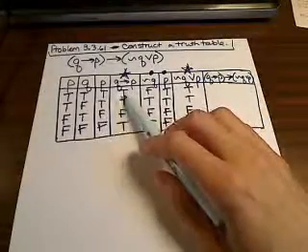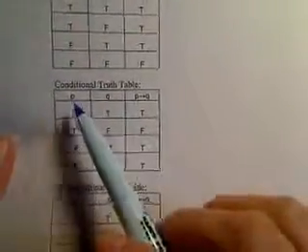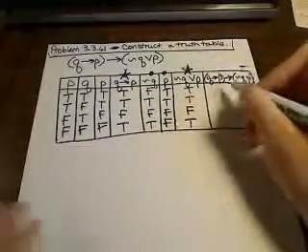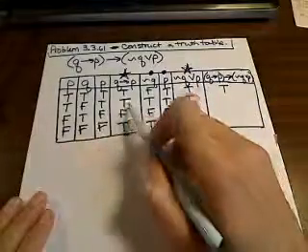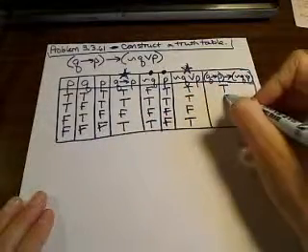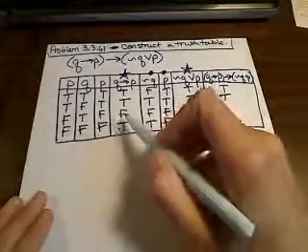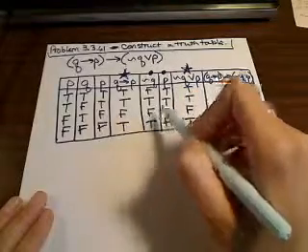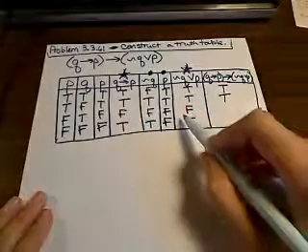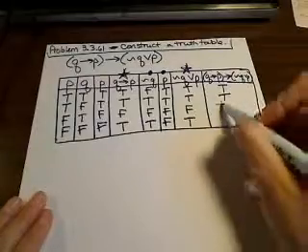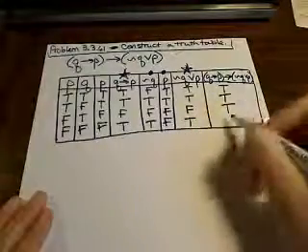So you see here I have a true and I have a true, and if you go back to your conditional truth table, true and a true is a result of true. And then I have a true and a true again, so true implies true is true. And then a false and a false, go back to your table, that's true, and then true and true is true.